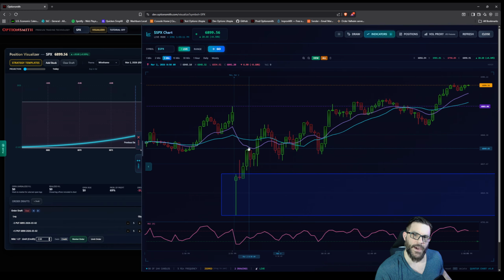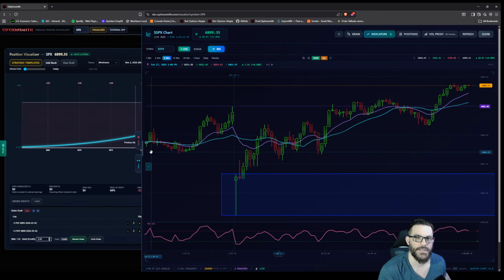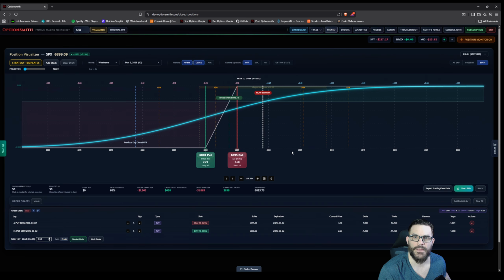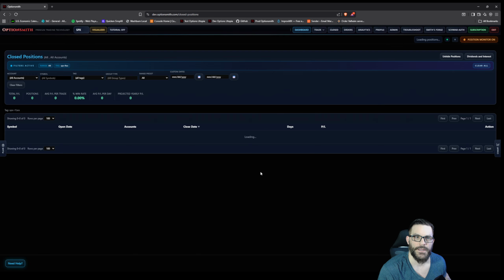And so I can take advantage of that momentum and assume that that momentum is giving further edge in that direction. Again, not trading advice from me, just this is what I do. So here it is. I didn't get that pullback, so I ended up entering around here. And actually, I should be able to visualize what this trade looked like on the chart in Optionsmith.